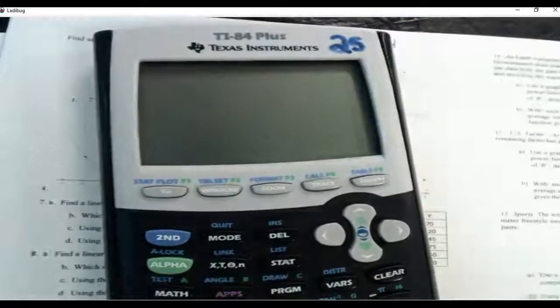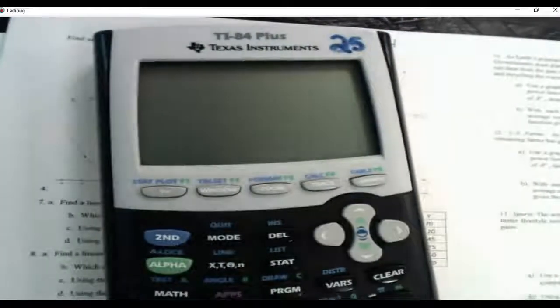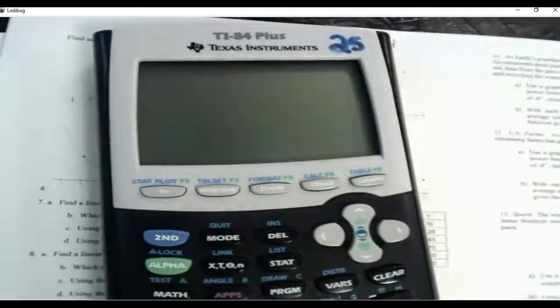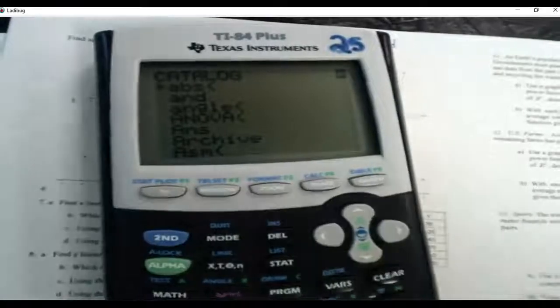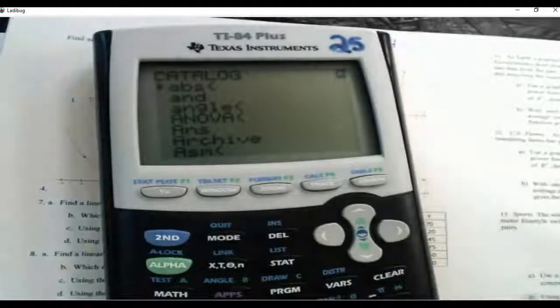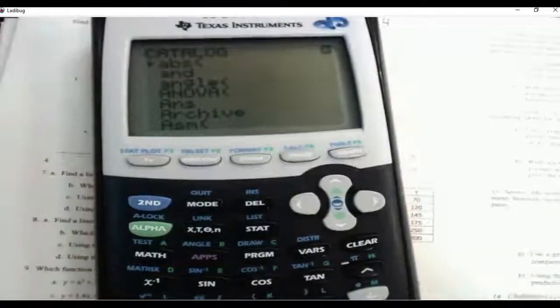So the first thing that you want to do is in your calculator. So everybody in your calculator, hit second 0. So second 0 takes you to a catalog, and this is everything that your calculator has on it, everything that your calculator can do.